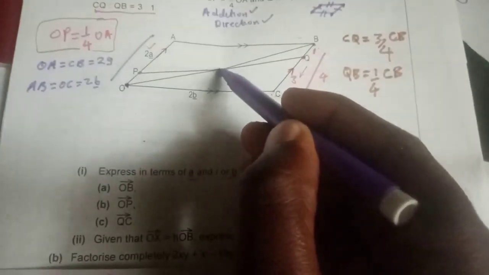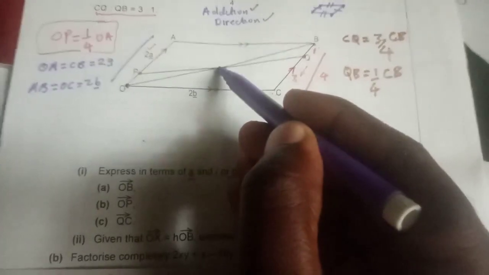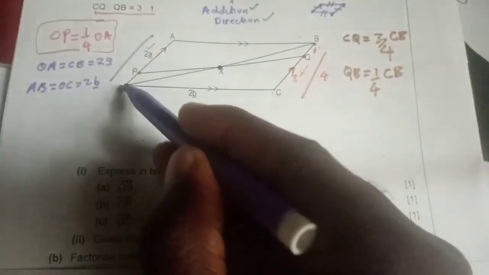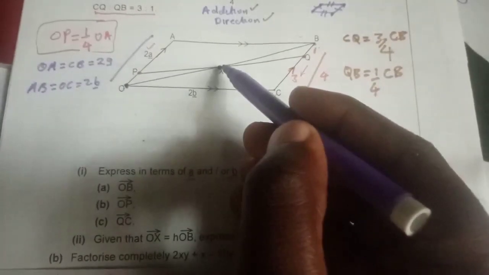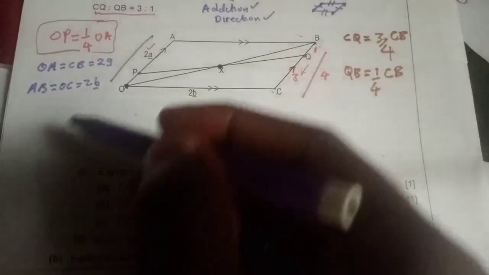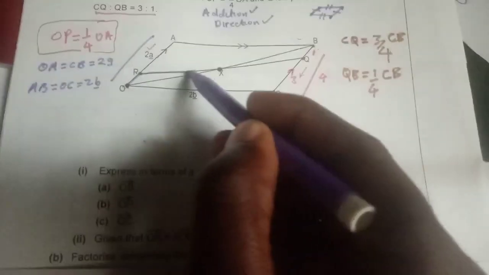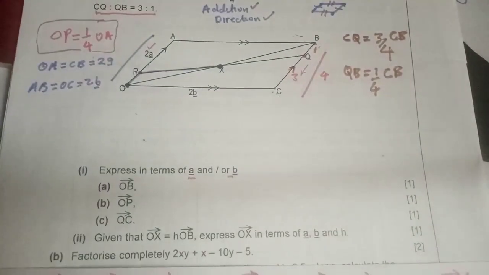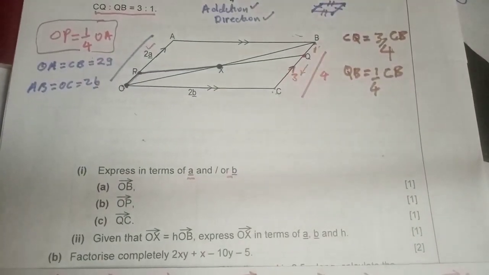You're at O and you're moving to X. So how are we going to find this vector? The best route we can take, we're going to move O to P and then P to X.